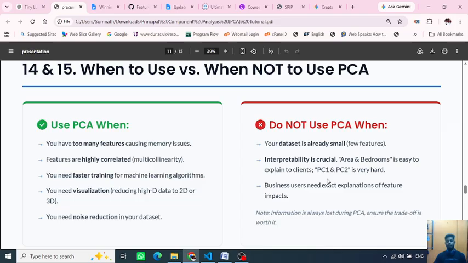If the business user needs an exact explanation of features, we should not apply PCA, because some less important information will be lost, as I said before.